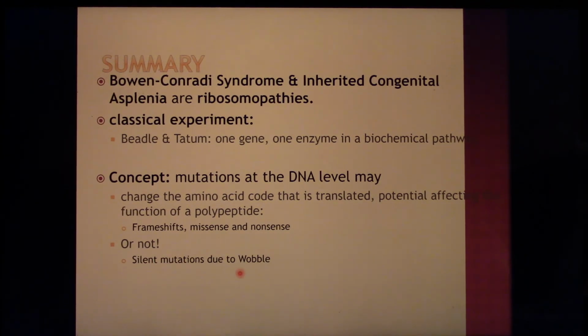We could get a silent mutation as well. That's the end of this portion of the translation lecture for chapter 15. The next lecture will focus on the three sites found in the ribosome: the A site, the P site, and the E site.